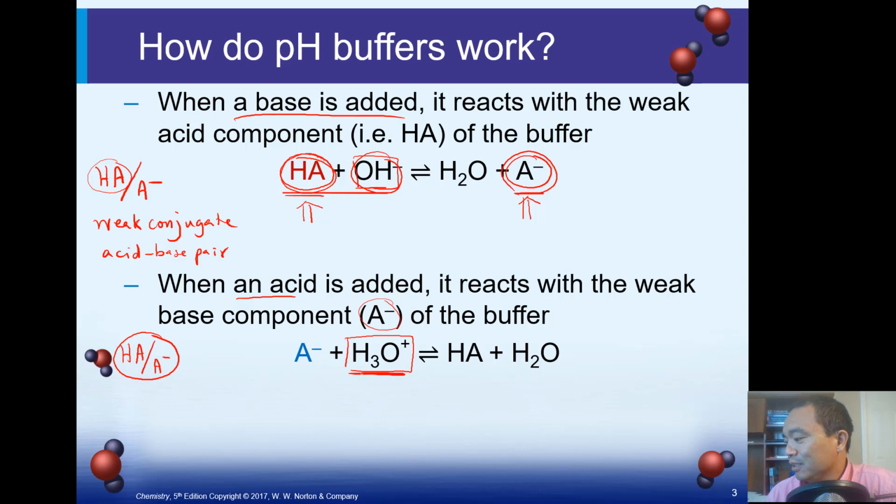The acid that's being added will react with the weak base component of the conjugate acid-base pair. Do remember, when you consume some of the A- or the weak base component, at the same time, some weak acid of the same amount will be generated.